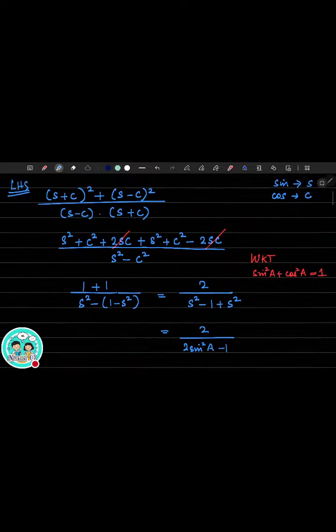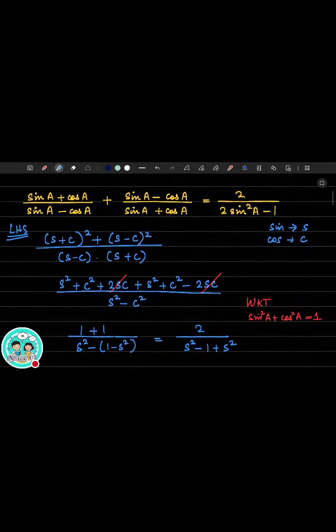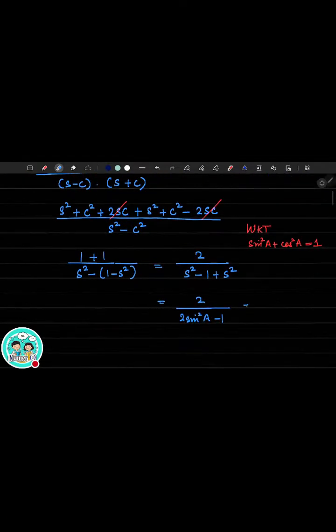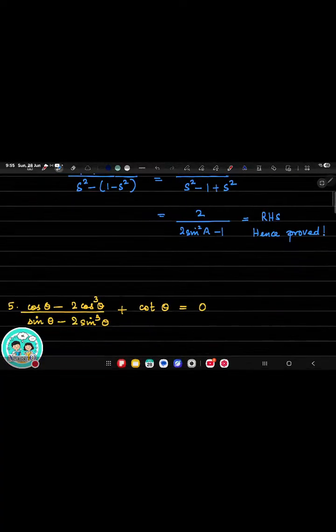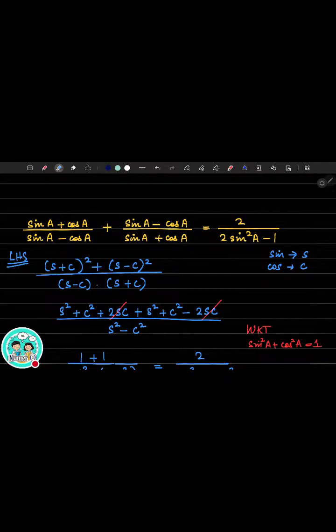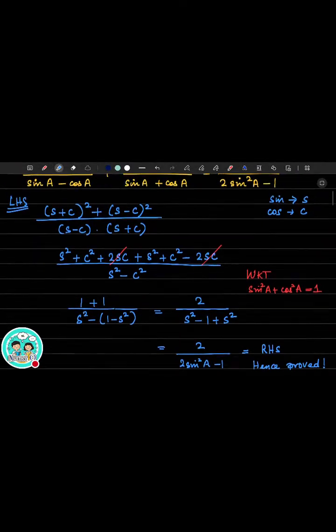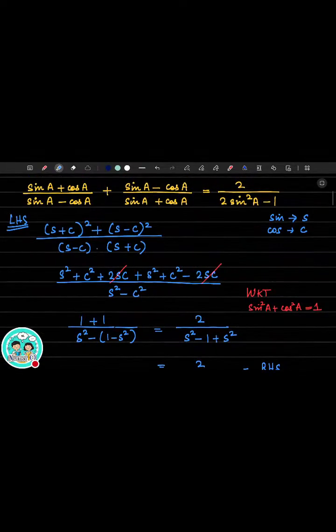Is this what you have to prove? Yes, 2 divided by 2 sin square A minus 1 is equal to our RHS. Hence proved. So this is how you have to do it, very slowly, patiently, keeping in mind what you are given and what you are asked. Right? Let me know if you are able to do it, and then we'll move on to the next question.